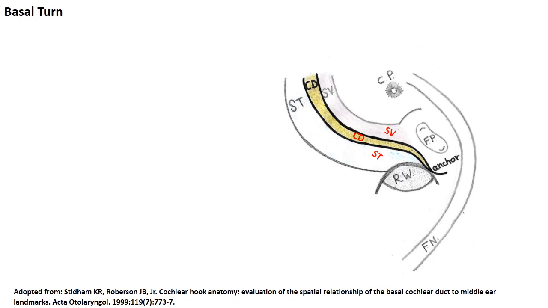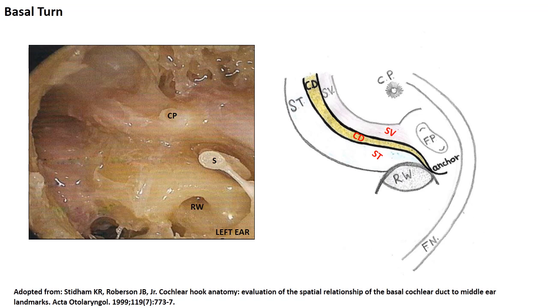And we have to keep this illustration always in the back of our mind whenever we are doing our cochleostomies. Again, this is the left ear with the round window, the stapes and the cochleariform process. Here we expect to have the site of the cochlear duct, and above it will be the scala vestibuli, and below it is the scala tympani.